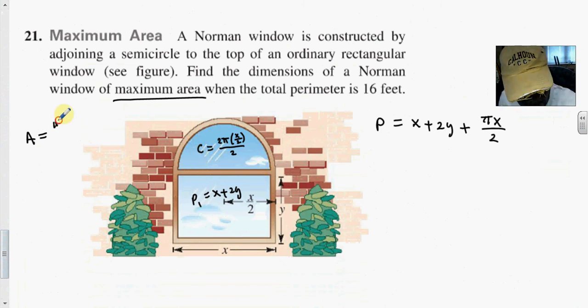This is pi r squared, where r is x over 2 to be squared. There's only half of it, so it's divided by 2 for the circle. And then the area for the rectangle is x times y.